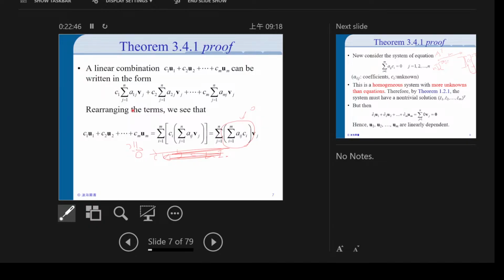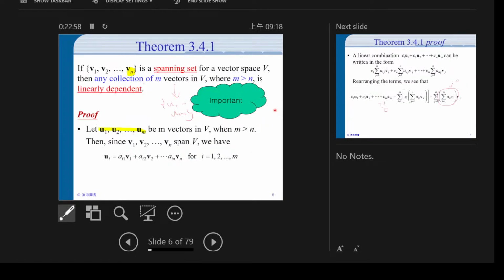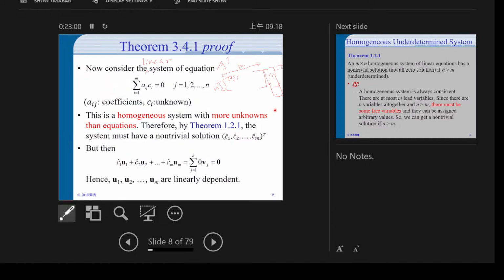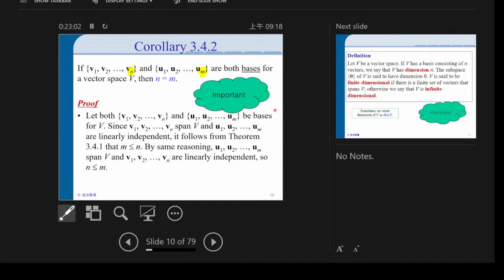Anyway, this is our theorem, and from here we can show something very nice. We show that any two bases for the same vector space V must have the same number of elements.